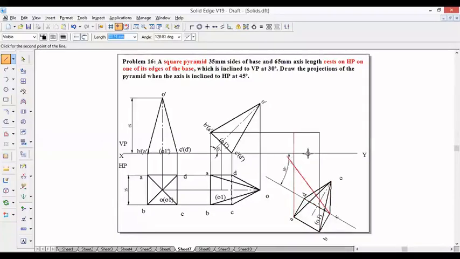The C projection will be till the XY line, and the D projection will be till the XY line. The projection line of O will be here. Let me fix the angle at 90 degrees. So this is the projection of O dash, and the O1 projection will be till here.